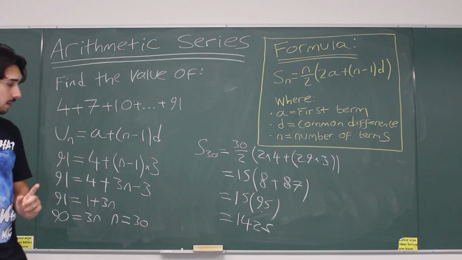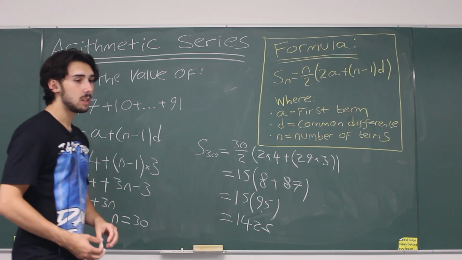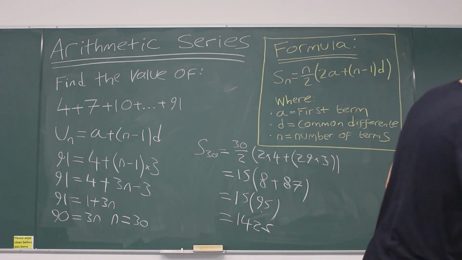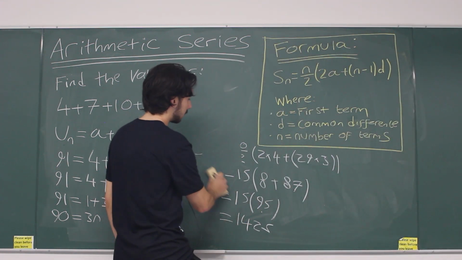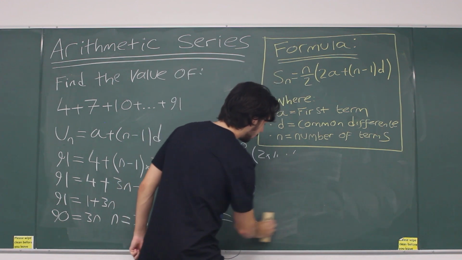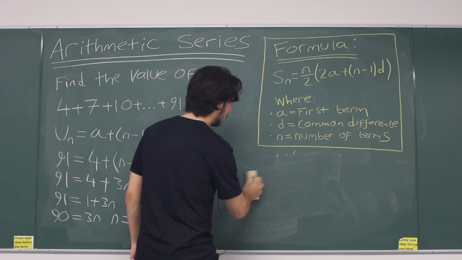Now, I said that I was going to tell you something that you might want to know. So if we look at the formula for an arithmetic series, for 1 second, I'm just going to make some space over here, get rid of this. We can see that there is an alternate way to write the formula.